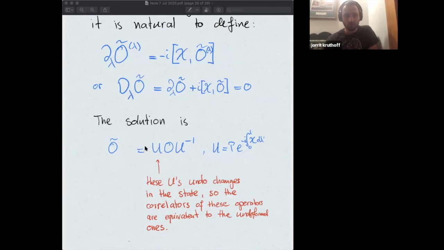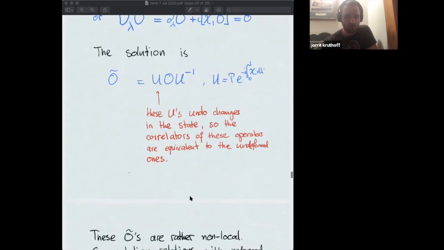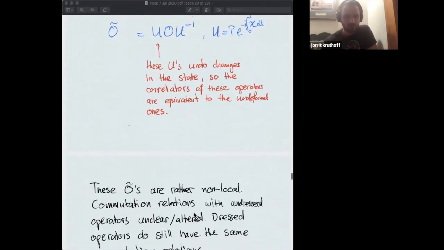But the deformed bra is the undeformed bra times U inverse. So these U inverse and U will cancel, and similarly for the ket. And so you'll end up with the expectation value of the operator in the original states, the undeformed states. So that's a nice feature of these operators: their expectation values are invariant.